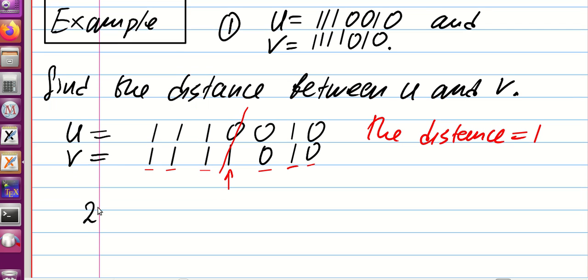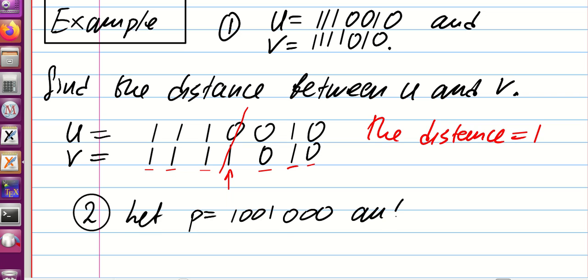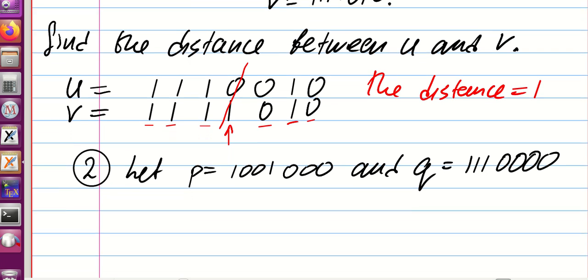Let's look at the second exercise, where P is 1001000 and Q is 1110000.